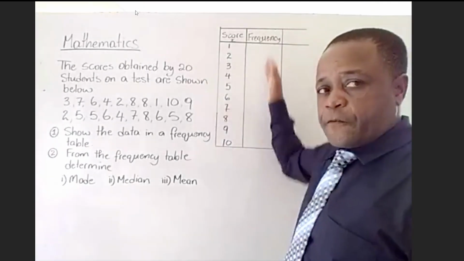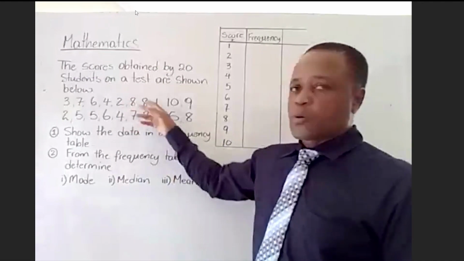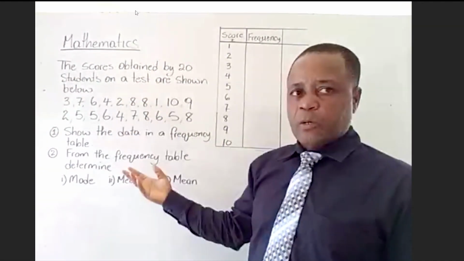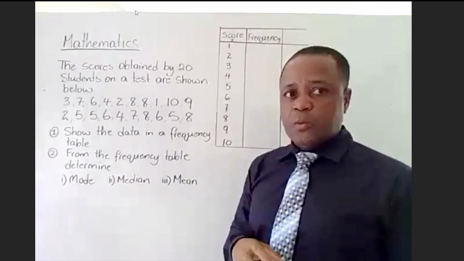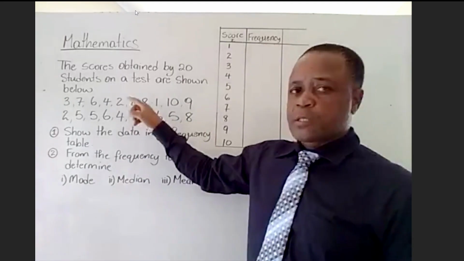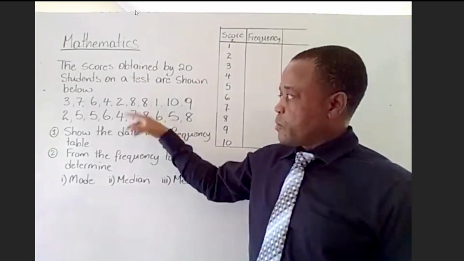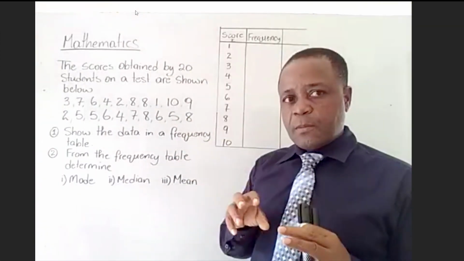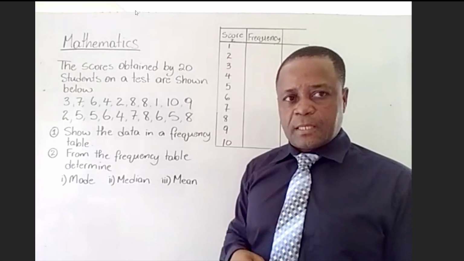The frequency is how often does that score really appear? That's what we're going to look for. To do that, my advice to you is that when you're checking those scores, use some sort of symbol, some sort of marking to mark those scores that you're paying attention to so that you don't make mistakes.